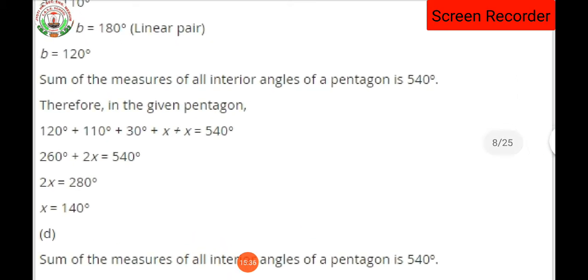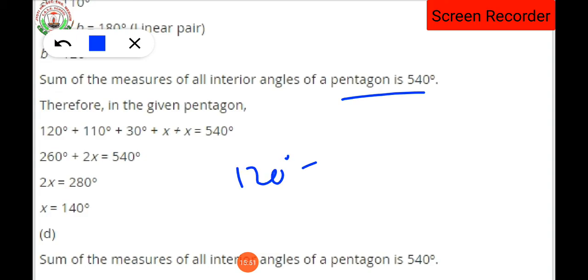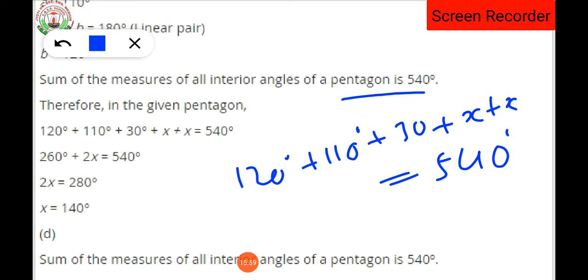What is the figure we are having? That figure is a pentagon, and the sum of all the angles of a pentagon is 540, isn't it? So 120 degrees plus 110 degrees plus 30 degrees plus x plus x is equal to 540.